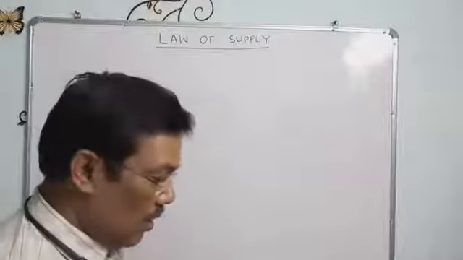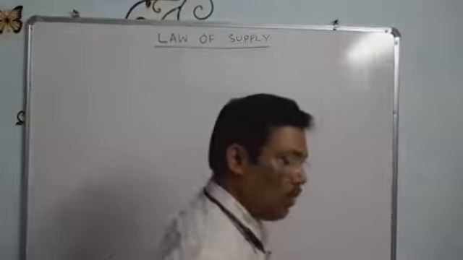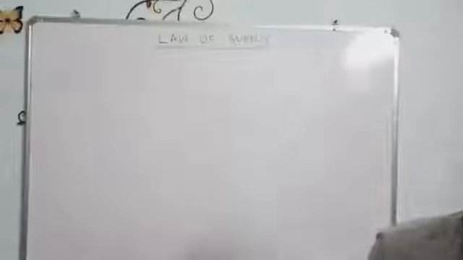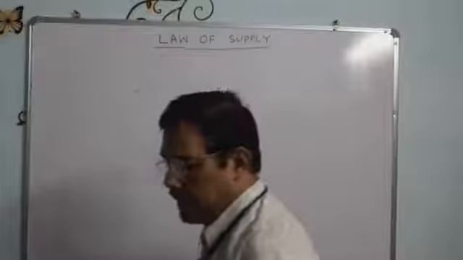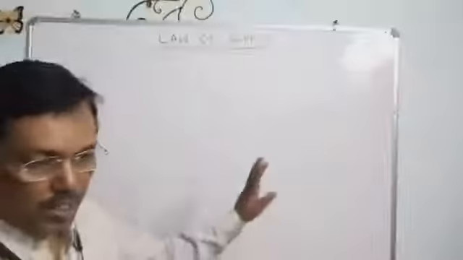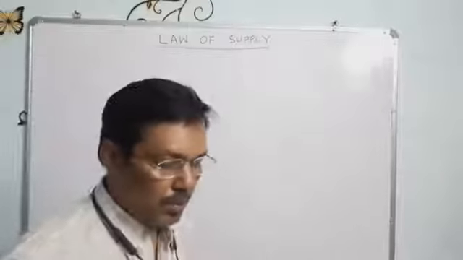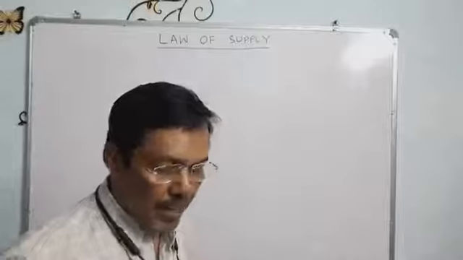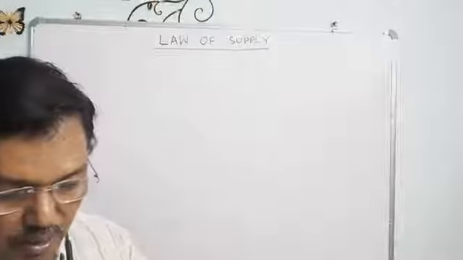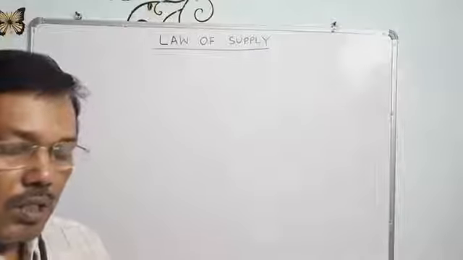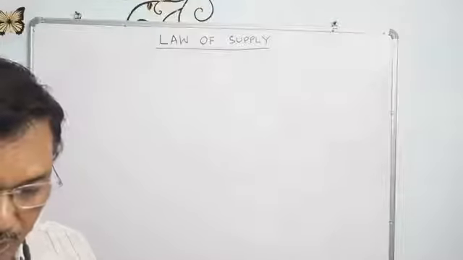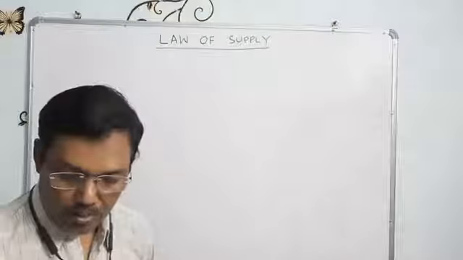Or we may say other things being equal or ceteris paribus. I am not writing here because I have already explained clearly. Other things being equal or ceteris paribus, there is a direct relationship between price of X goods and quantity supplied of goods.